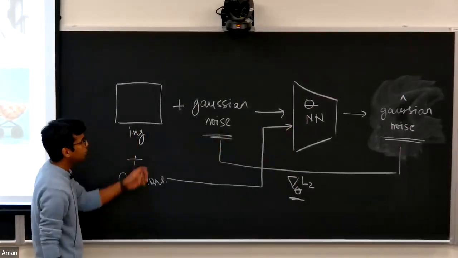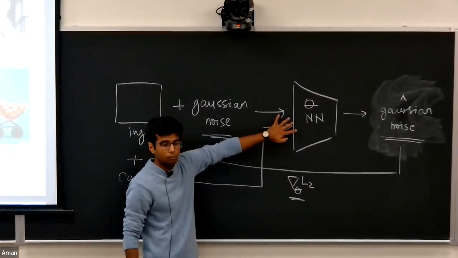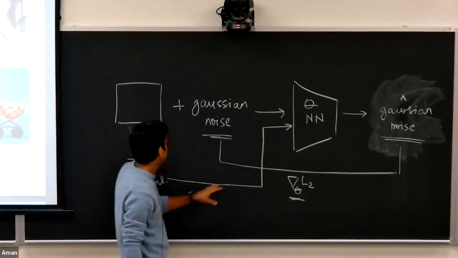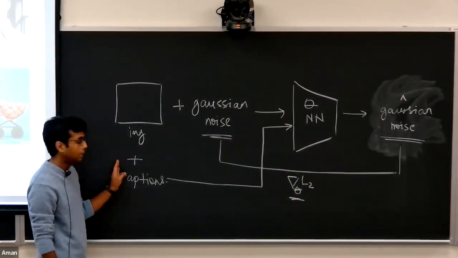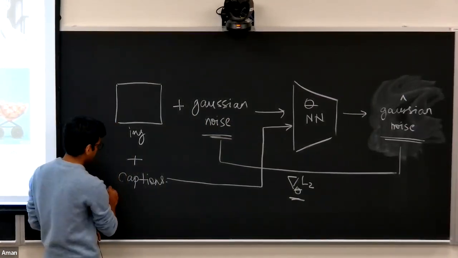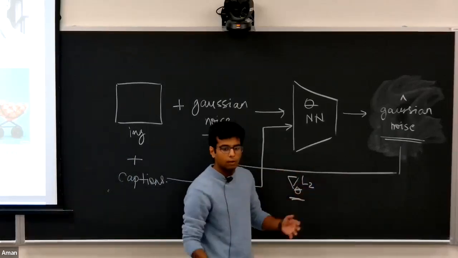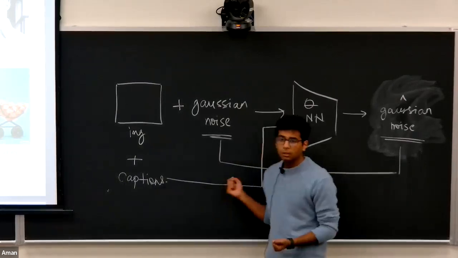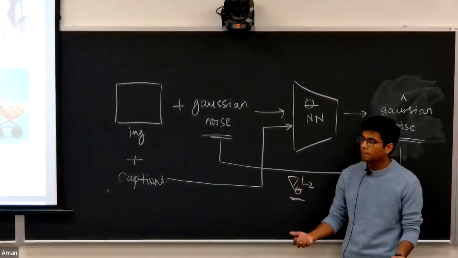So in addition to this neural network model getting a noised image from the noising process, it also takes the captions that go with that image, right? So if there is an image of a dog, the caption could just say that this is a picture of a dog. And then the neural network model, in addition to having a noised version of that image, also takes in the caption and then denoises the image by taking the caption into account, right?